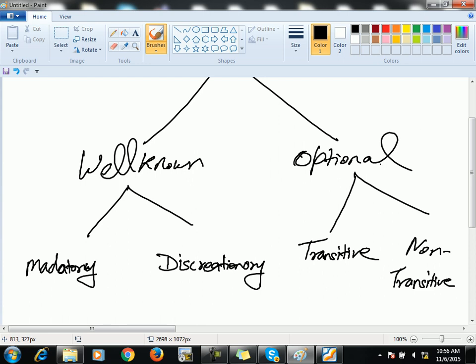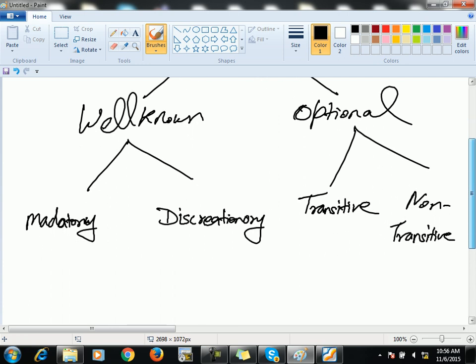Then under well known, we are having mandatory and discretionary.